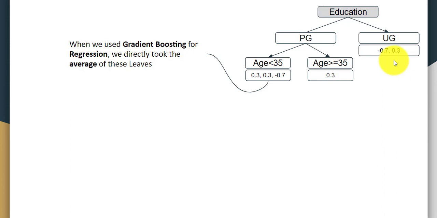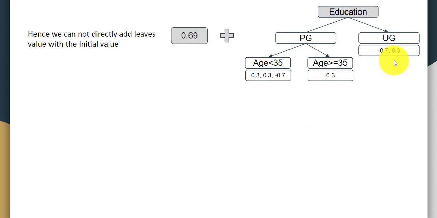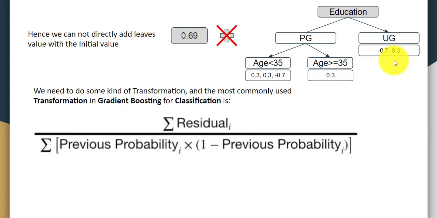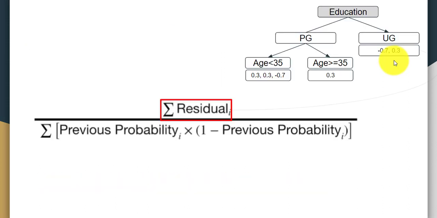Right. So in regression, we could have directly taken the average of these residuals, but because in classification we are dealing with log odds, we have to do some kind of transformation. This is the transformation which helps us to do classification using gradient boosting.